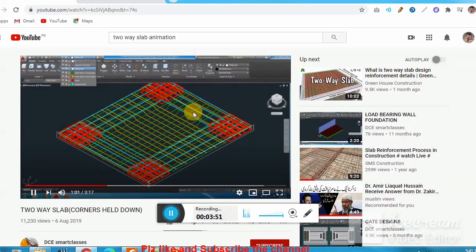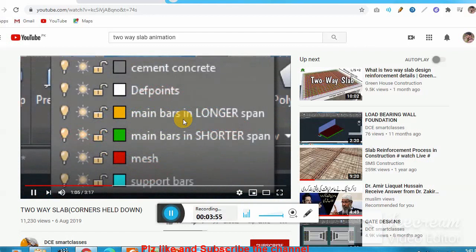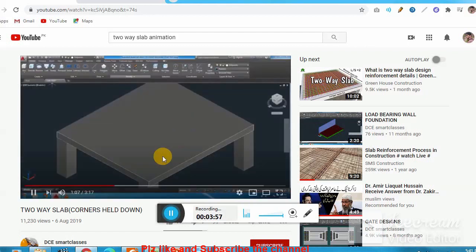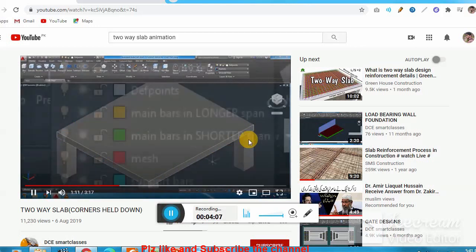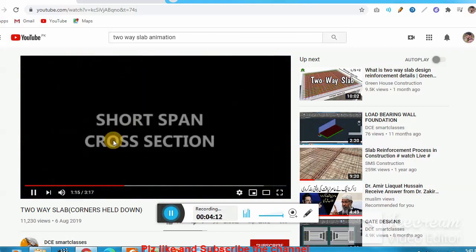So this is your torsional reinforcement, but torsional reinforcement is optional. It is provided only in the case when your slab edges are simply supported, remember. And when you have beams or columns, we do not provide that torsional reinforcement.